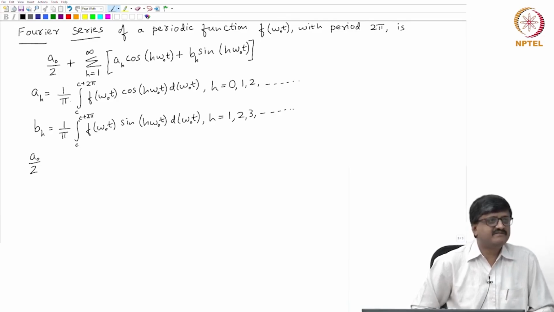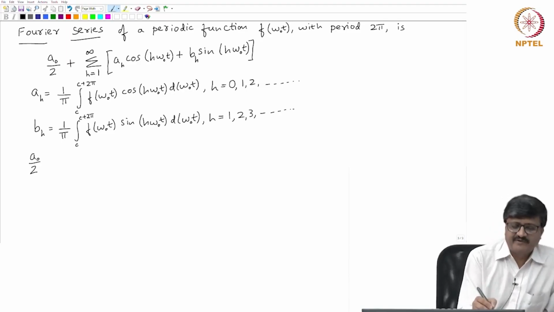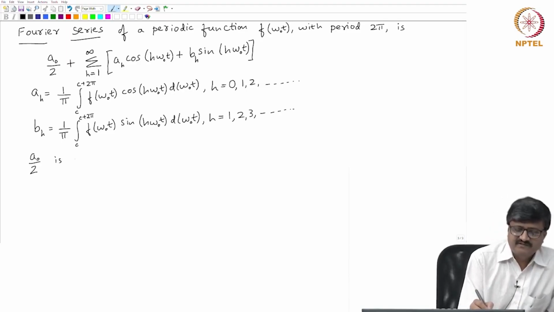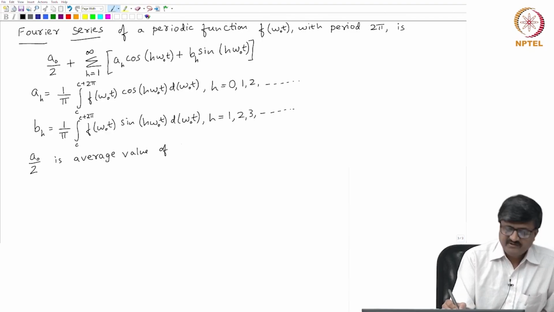It is 2 times the average, because it is dividing just by pi. So, if you had divided by 2 pi, you would have got average. So, A0 by 2 is the average value of f of omega ot.